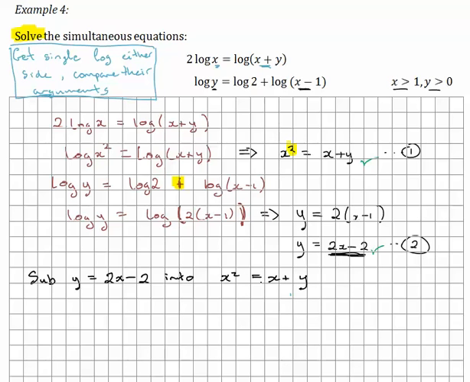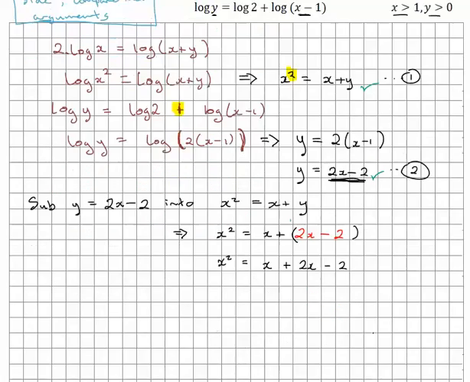Instead of y, I'm going to write down 2x minus 2. So x squared is equal to x plus 2x minus 2.